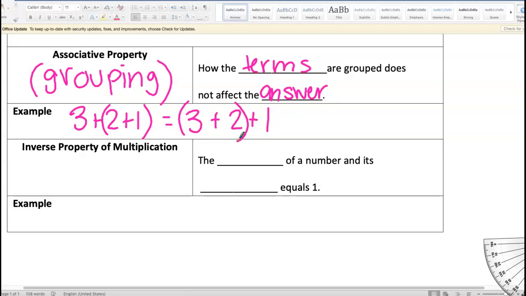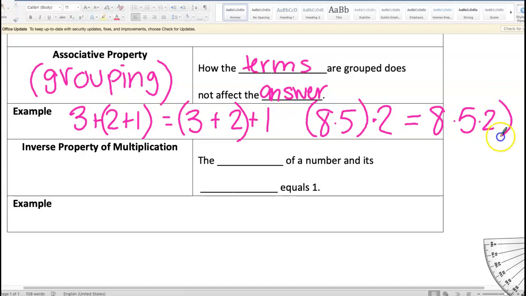No. So that's how it's regrouped. You change what you do first. Now, this only works for addition and multiplication. So if I took 8 times 5 and then multiplied by 2, I will still get the same answer as if I took 5 times 2 and then multiplied by 8.